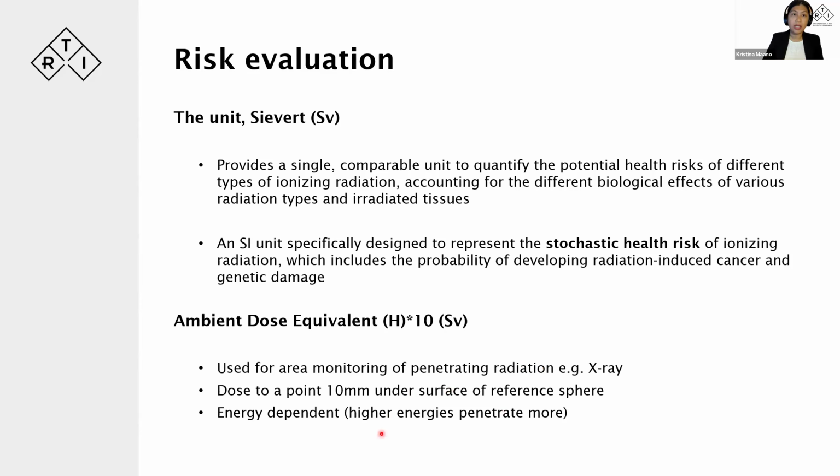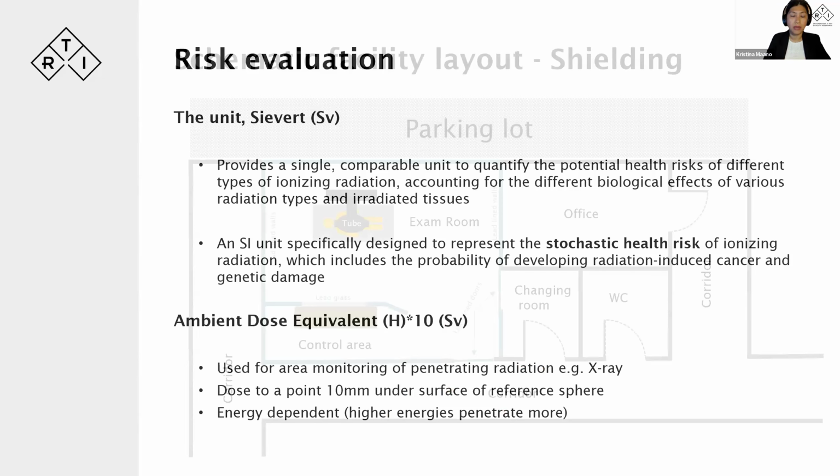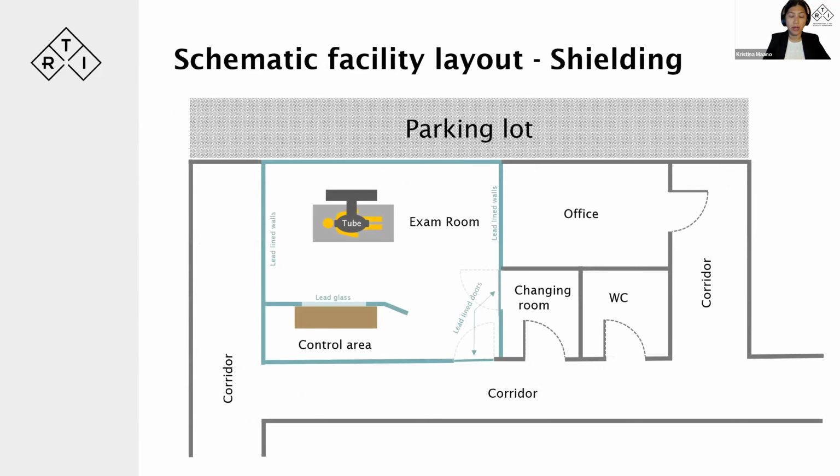So since we're talking about risk evaluation, to reduce the risk, I believe many of us are aware or perhaps already have been involved in doing shielding calculations. In the X-ray room, we typically use lead lining, or we do solid concrete, and this is done during the design phase.